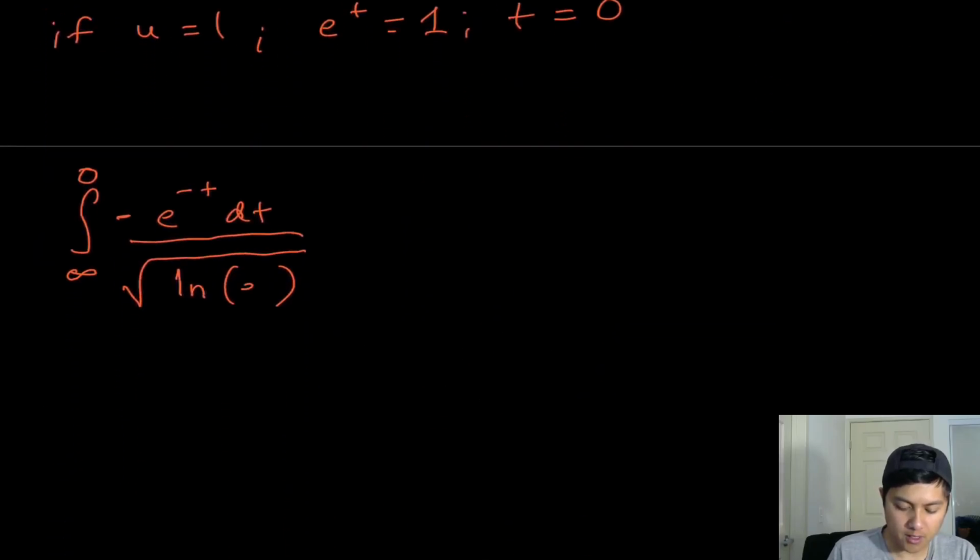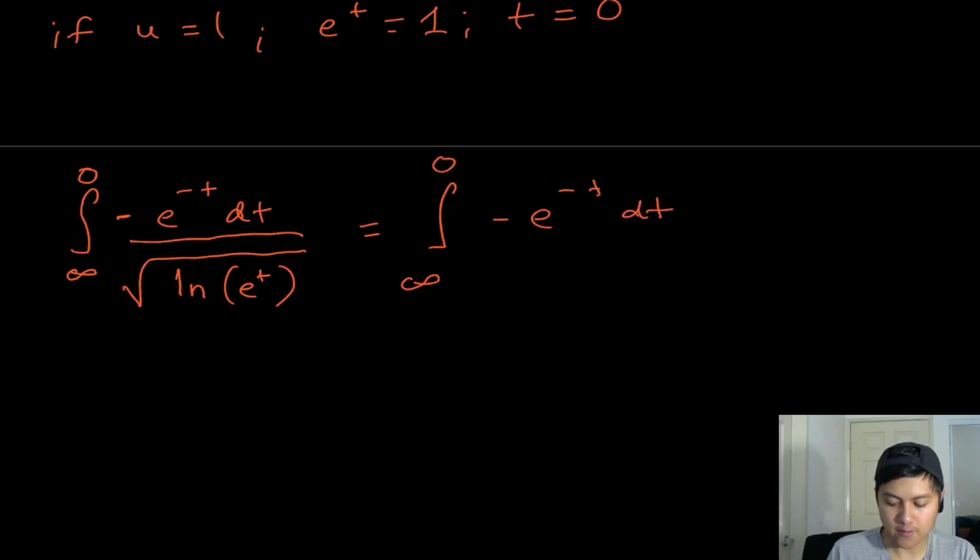So we have log e to the t, which is nice because log of an exponential is just the exponential's argument. So we have infinity to 0, negative e to the minus t dt, over square root of t.